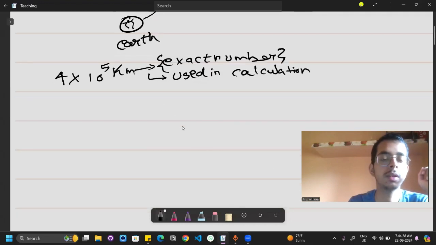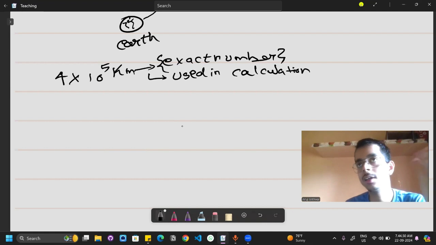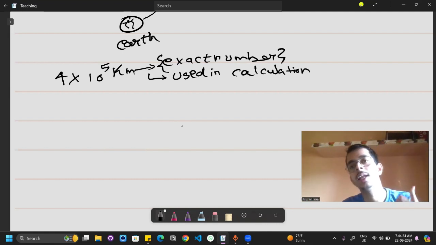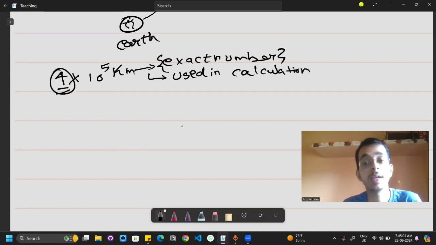But in a general sense, as a common man or common woman, you are going to say that the distance between the Earth and the Moon is in lakh kilometers. You may not know the exact figure, but you will say it is in lakhs. What is lakh?